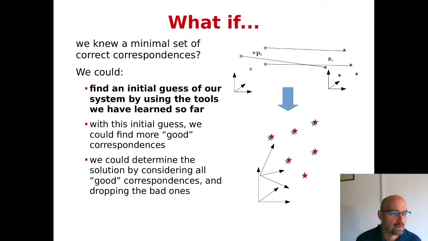So if I give you not all the correspondences, but just a minimal set, how many correspondences do I need in order to find a solution for this 3D registration problem? This is a question. If I know this minimal set, we could just use this minimal set to calculate a solution. Once we have calculated the solution, basically by registering these points here, of which we assume we know the correspondences, we could determine a solution.